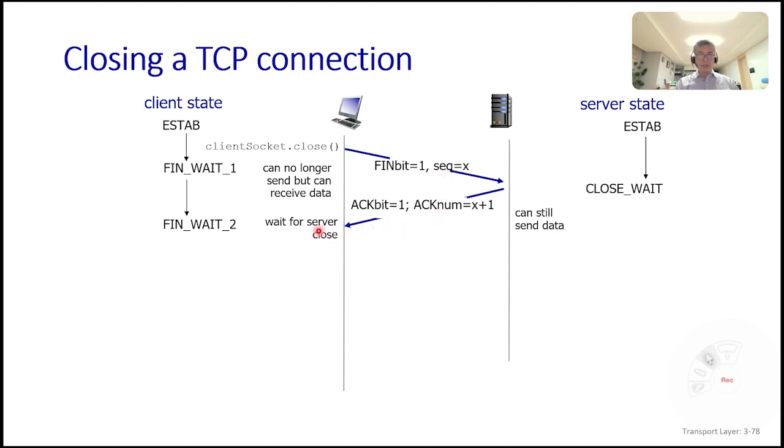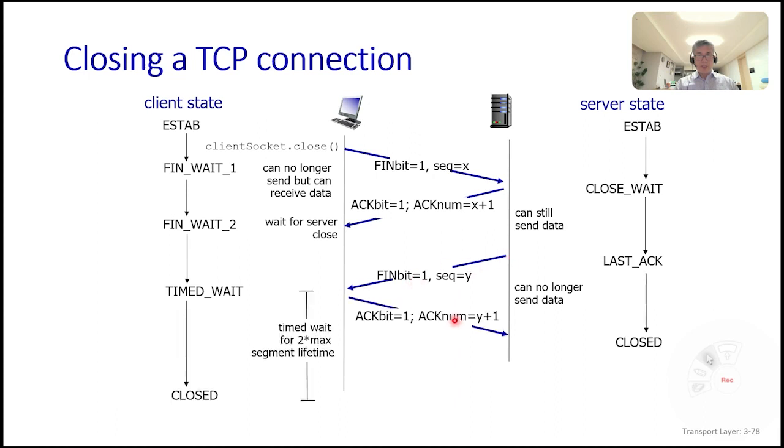Then the client state is FIN wait 2, waiting for the server. There is a grace time to receive any remaining data from the server. Then the server sends its FIN message and the client sends the ACK. These can be done in parallel. The time wait is timed for twice the maximum segment lifetime, the TCP grace time.